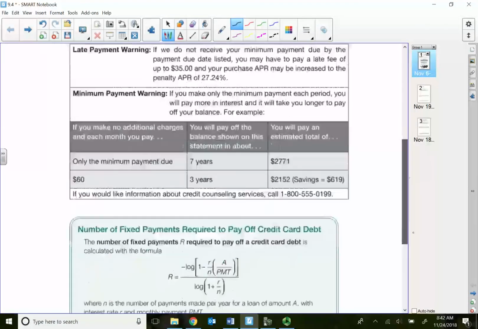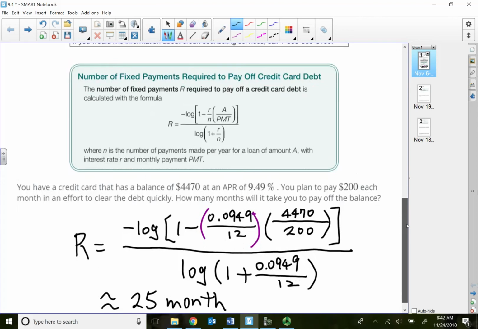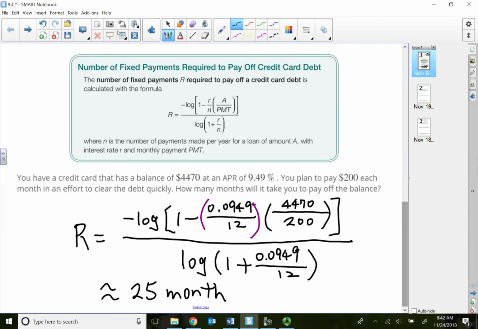Instead, I think it's easier to teach you how to find the number of months it takes to pay off the credit card. Back in 9.1, we talked about paying off your debts as soon as you can. Credit card debt is one of the things that we always want to pay off as soon as we can.